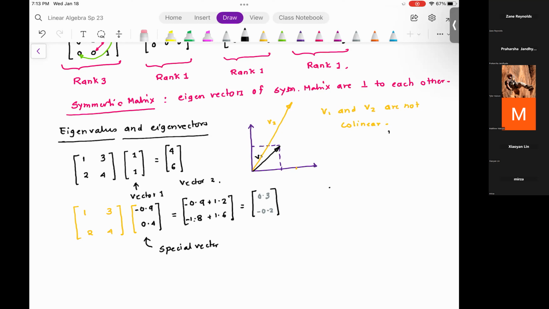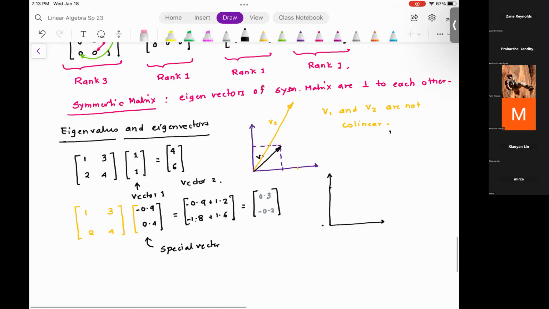If I were to plot these here, this is minus 0.9, so this will be somewhere here, and 0.4, which is somewhere here.